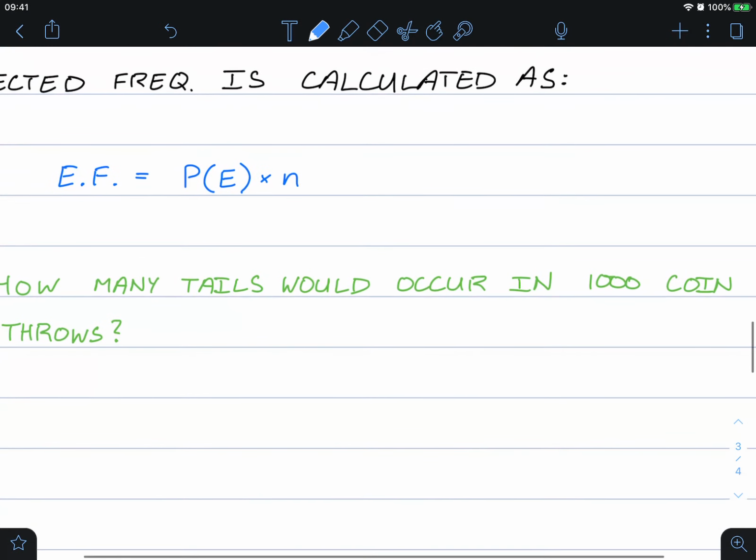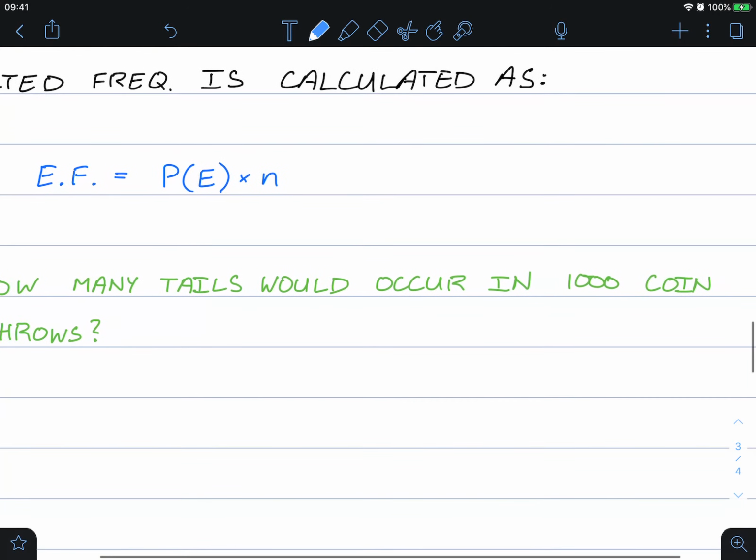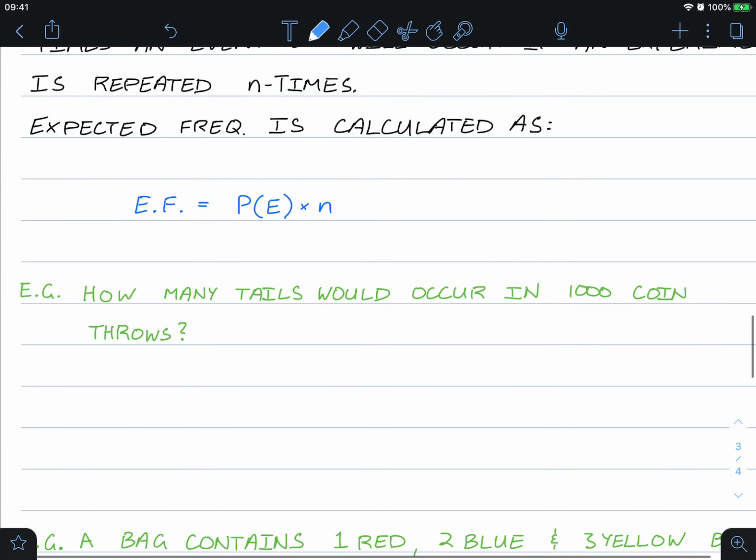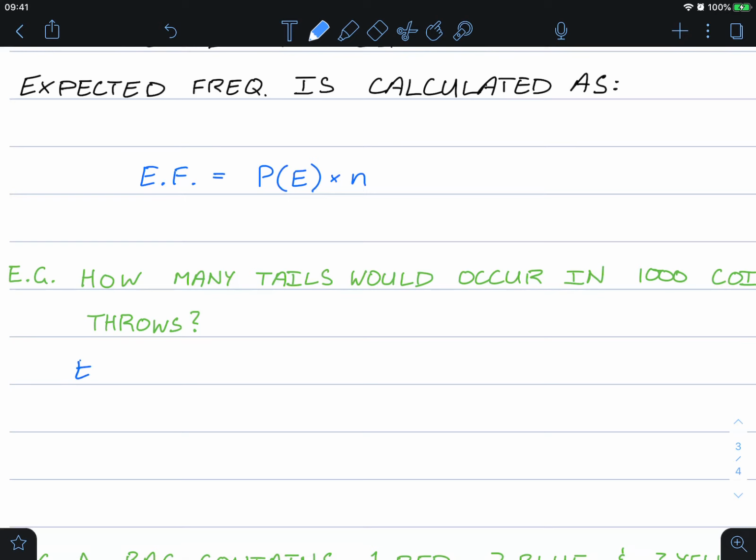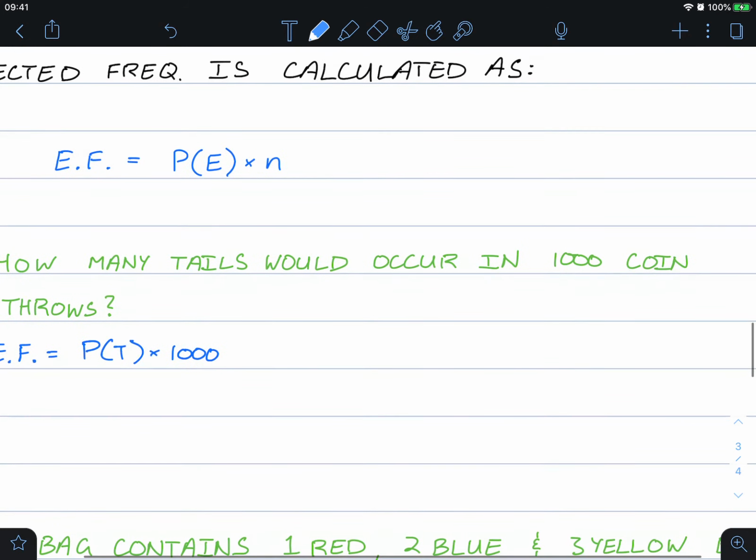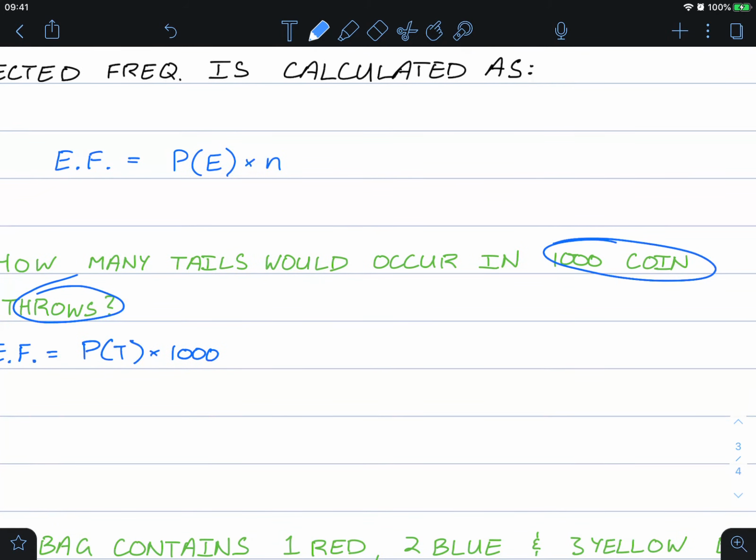So for example, how many tails would occur in 1,000 coin throws? Well, the expected frequency, how many times you would expect it to happen, equals the probability of tails times the 1,000 trials, or the 1,000 coin throws.